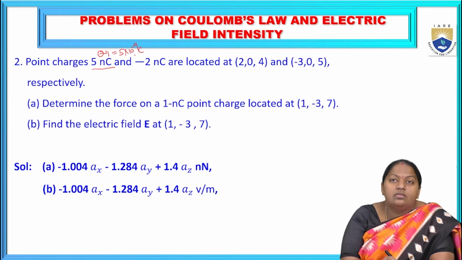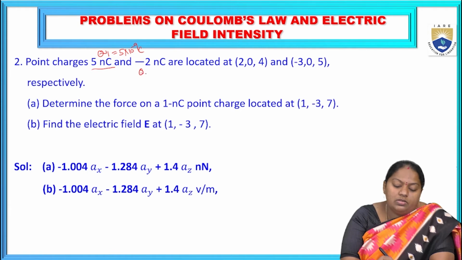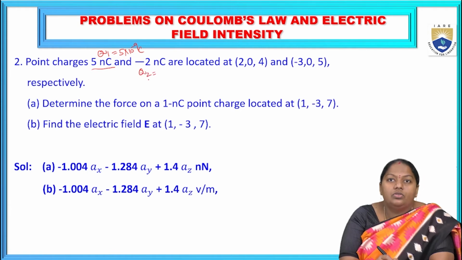Nano representation, we write as 10 power minus 9 coulombs. And minus 2 nanocoulombs means Q2 equal to minus 2 into 10 power minus 9 coulombs. These two are respectively located at the first point R1 and the next point R2. Right?